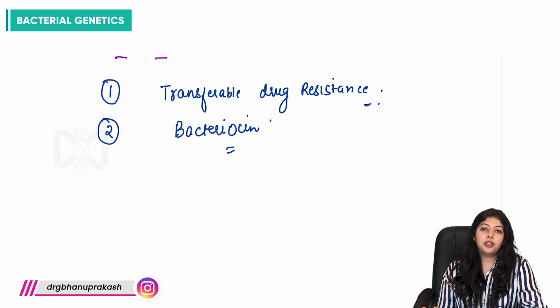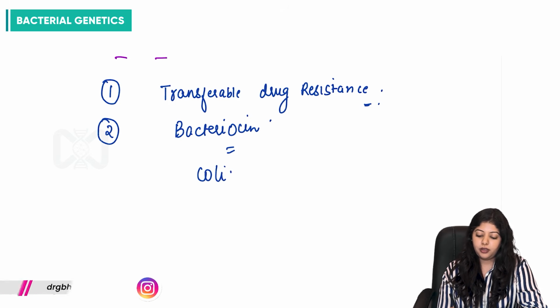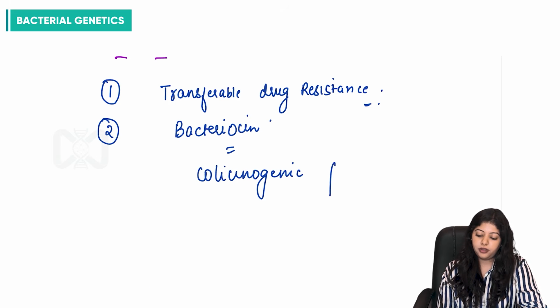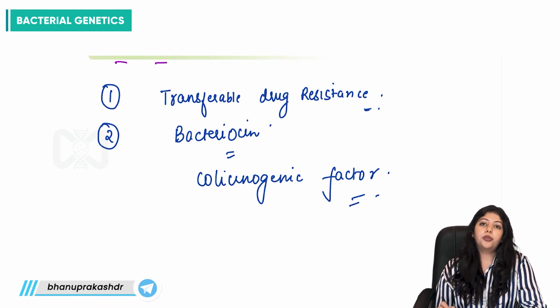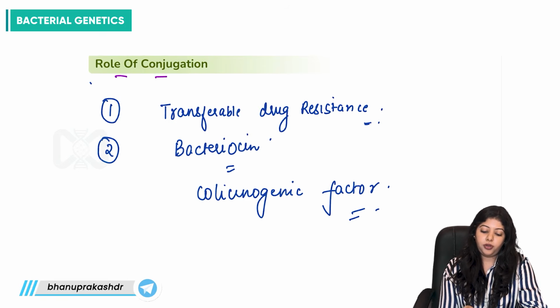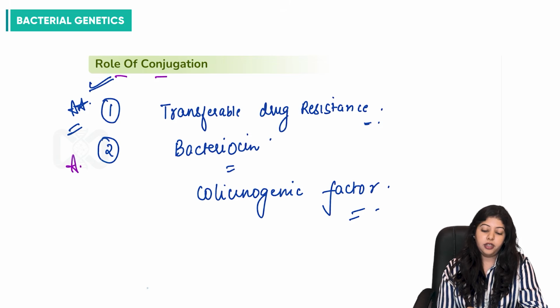And the bacteriocins which are produced by coliform bacteria are colicinogenic factors, right? So these are the two important roles of conjugation, which has an important role in transfer of drug resistance.